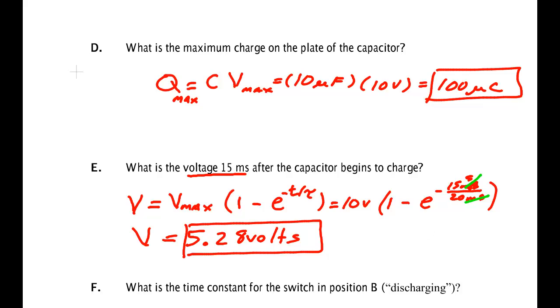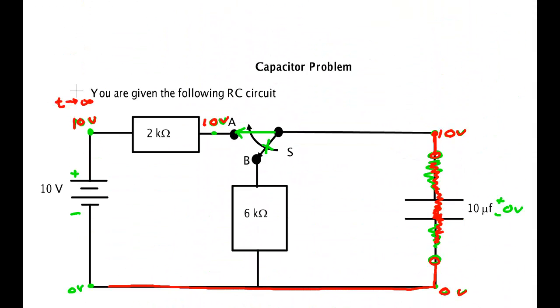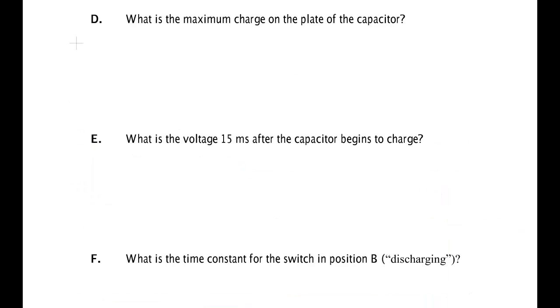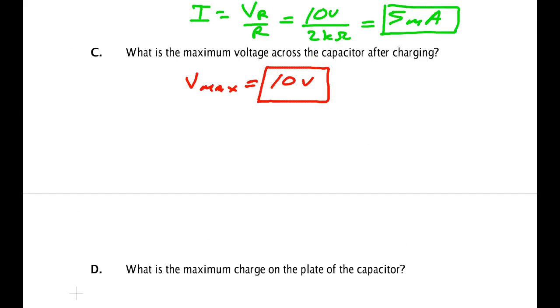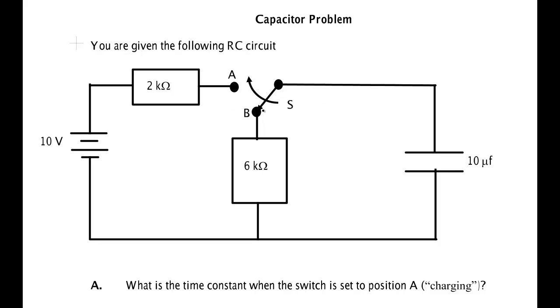Now we're done with the charging, we're going to do the discharging part. Let's solve the problem for the discharging. So in discharging, now we're going to clear my diagram. Now we're going to move the switch back to point B. And in this time constant, we see that the 2K ohm resistor is no longer in the circuit, nor is this battery in the circuit.